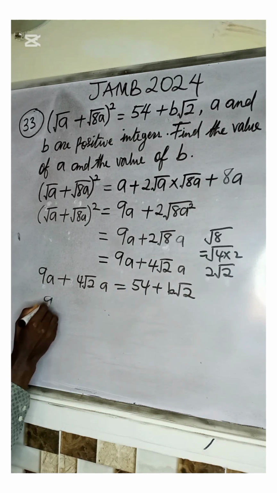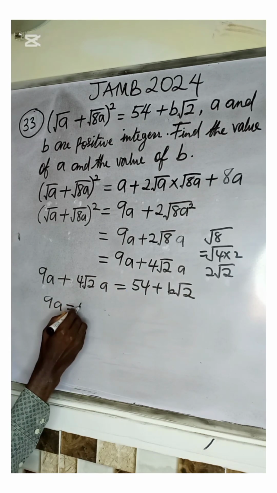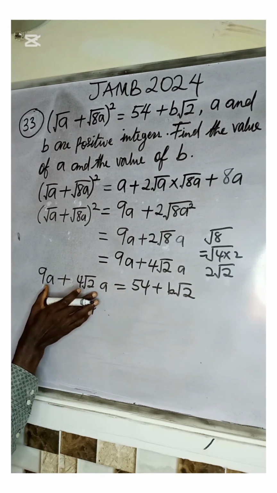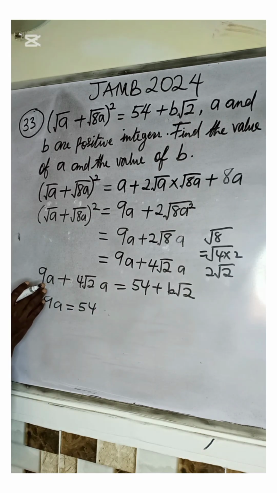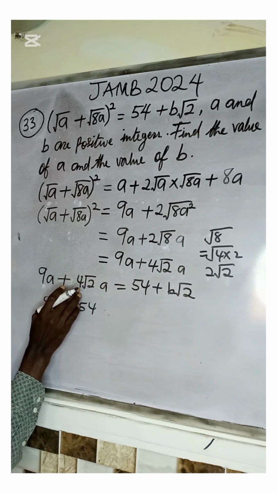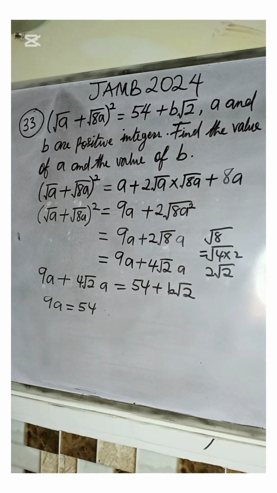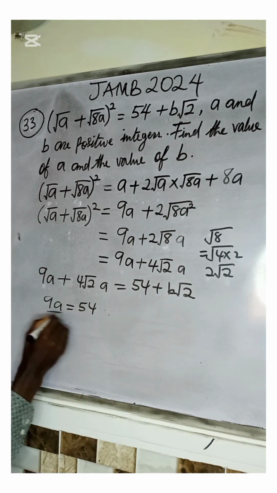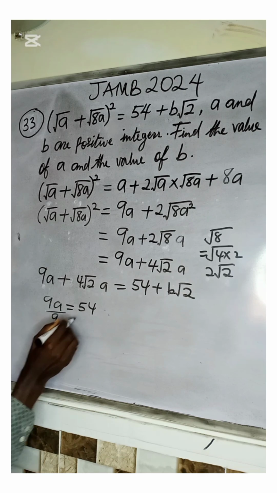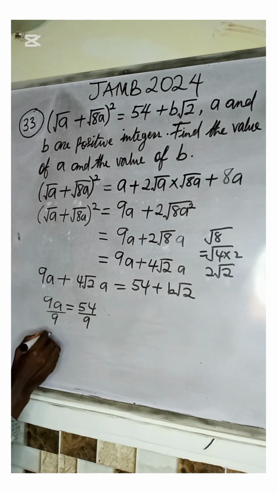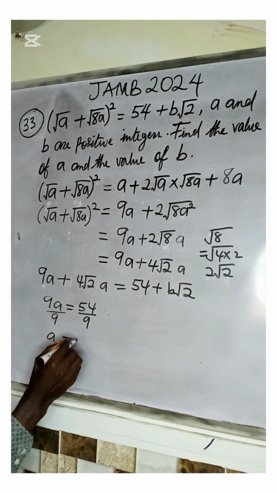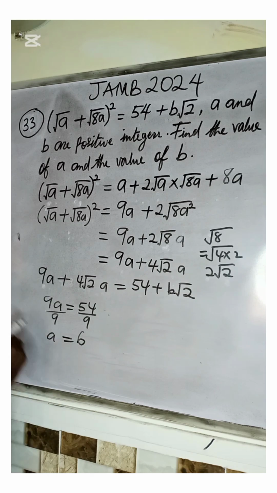So 9a, to get the value of a, equal to 54. You see they are looking alike. So definitely 9a will be equal to 54, and 4√2a will be equal to b√2. So to get the value of a, we divide both sides by 9, and a will be equal to 54 divided by 9, which is 6.